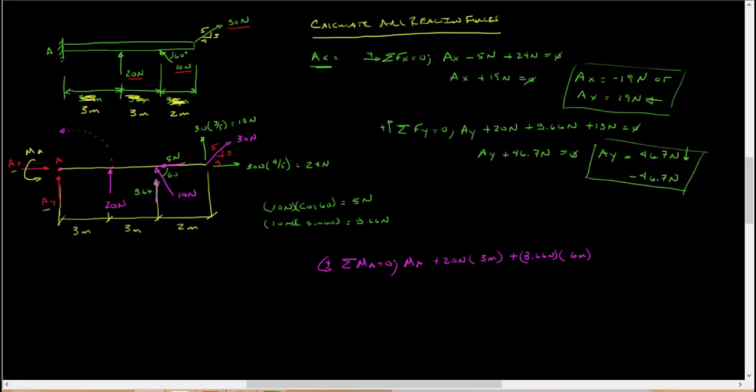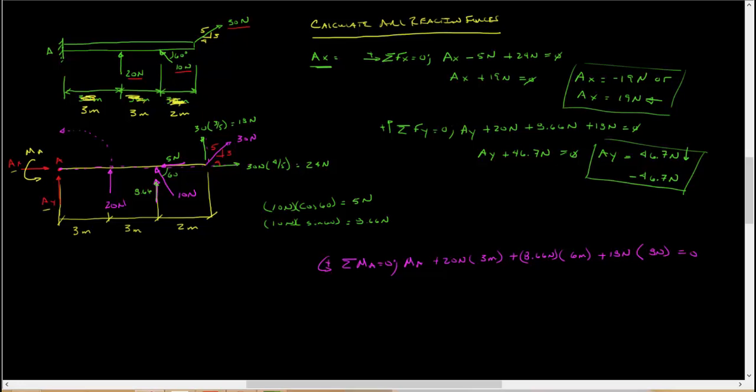Then I have these two forces here. This one is going straight, so it is going through the line of action, so I don't need to worry about that one. But I have this 18 Newton force, so I got plus 18 newtons times 8 meters.